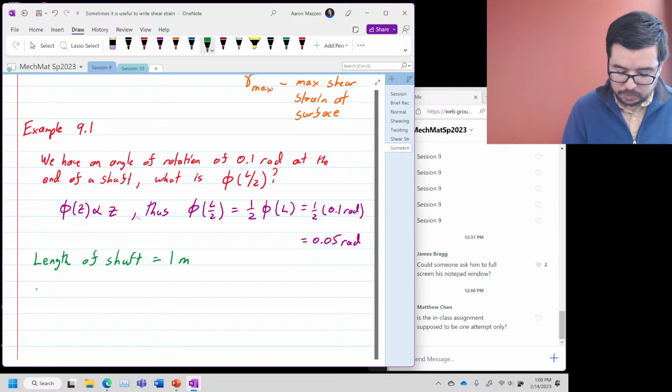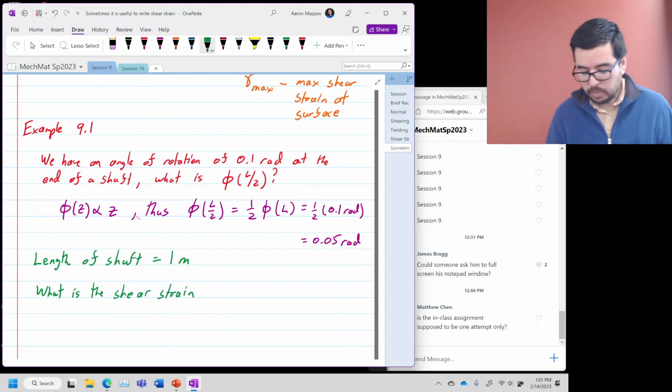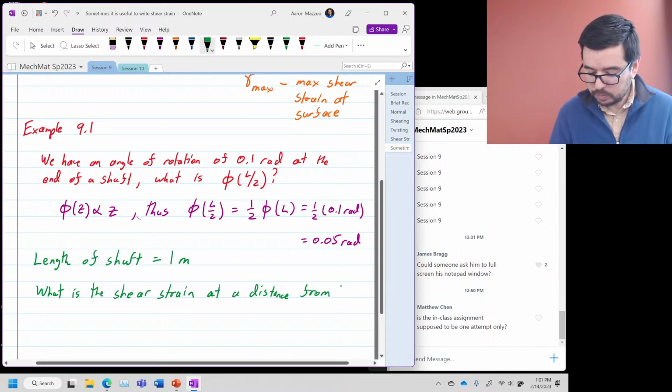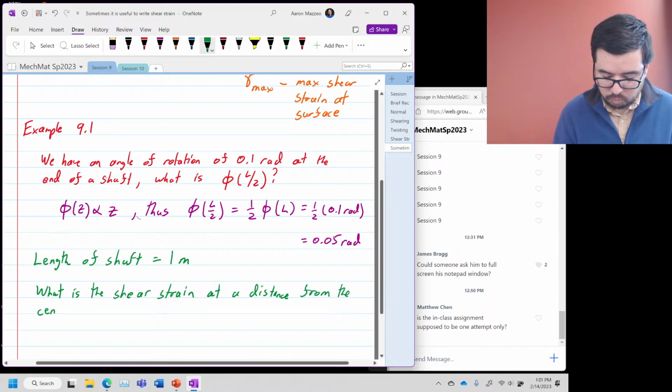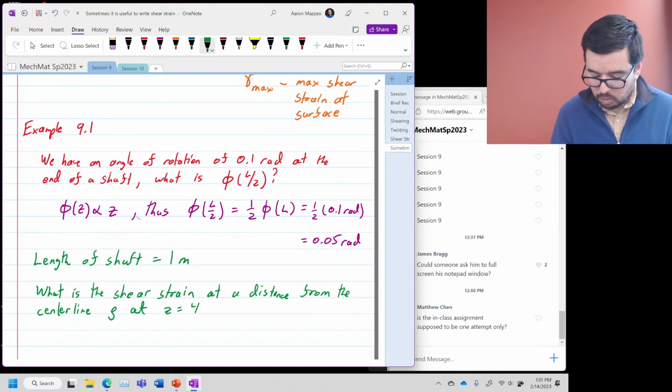What is the shear strain at a distance rho from the center line, at z equals L over 2 and z equals L?